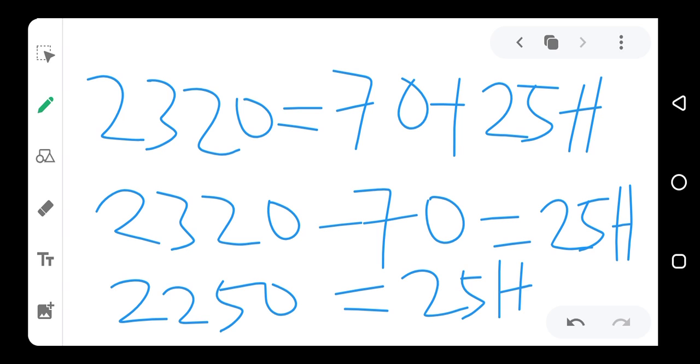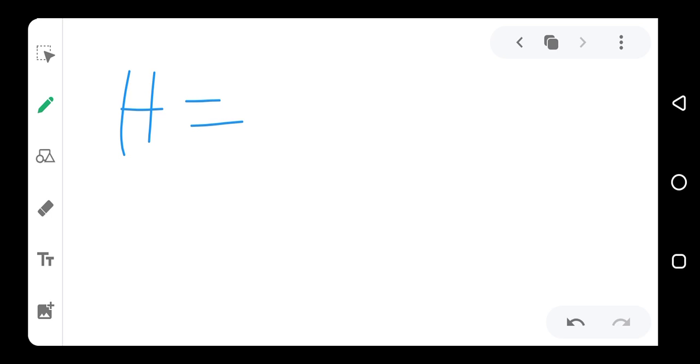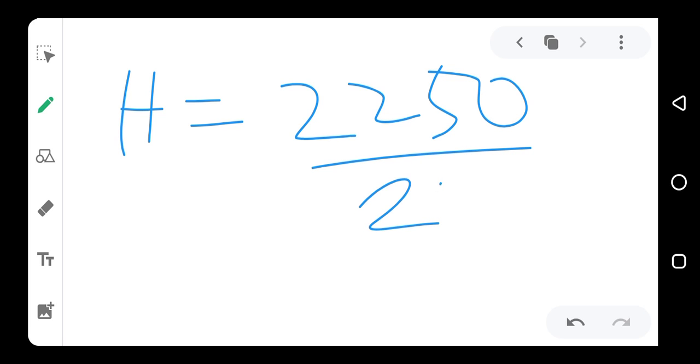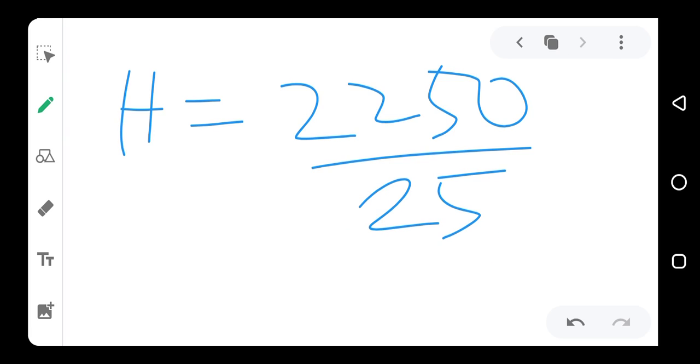And now we say that H is equal to 2,250 divided by 25. So whatever we get becomes the value of H, that is the hectares cultivated when the wage paid is 2,320. So you can divide it and get the final value of hectares cultivated. So this is how to solve partial variation.